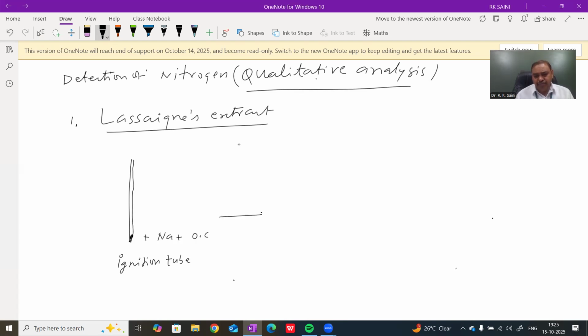This ignition tube is strongly heated in a Bunsen flame or in a spirit lamp.